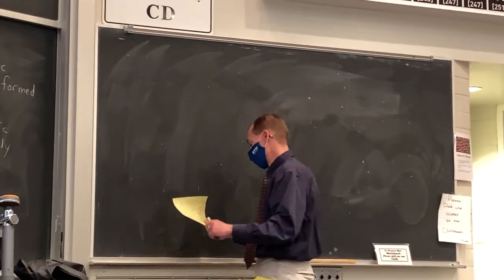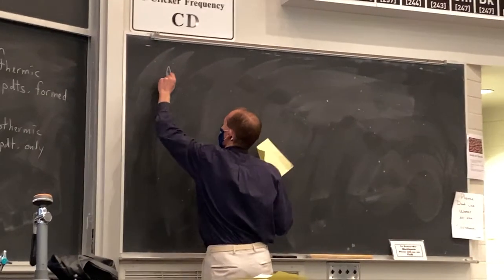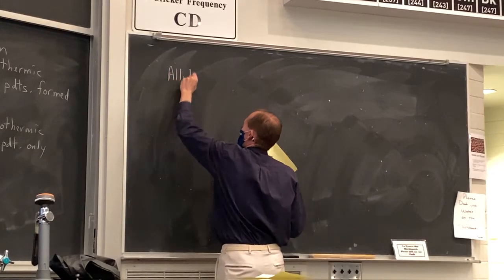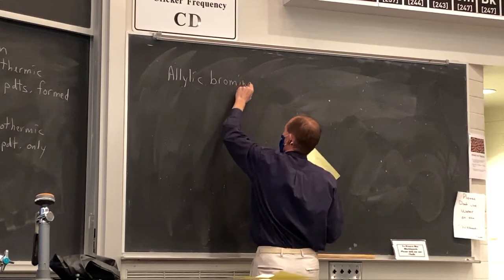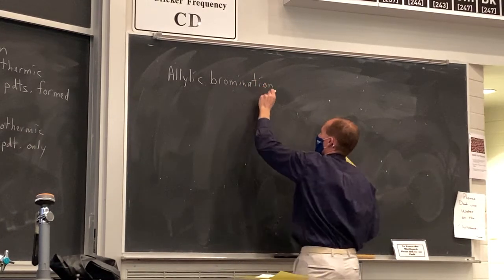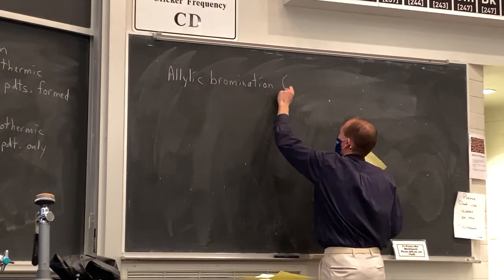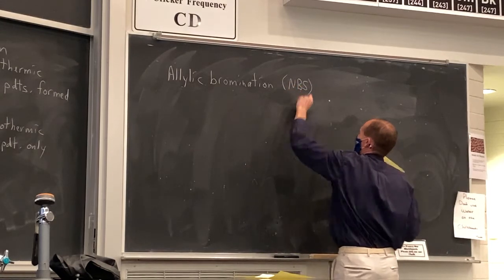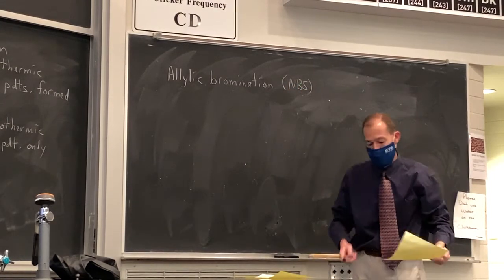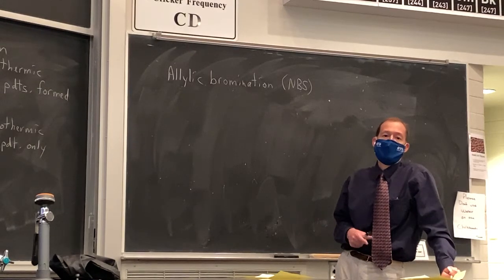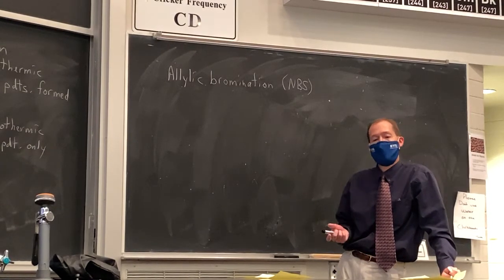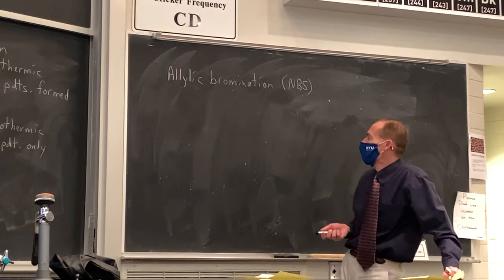Then we learned about allylic bromination using NBS. So we learned about how allylic carbon-hydrogen bonds are weaker than other sp3 carbon-hydrogen bonds due to the resonance stabilization of that radical.